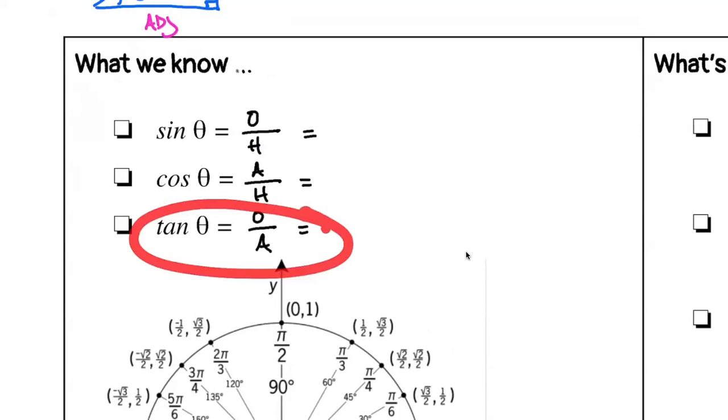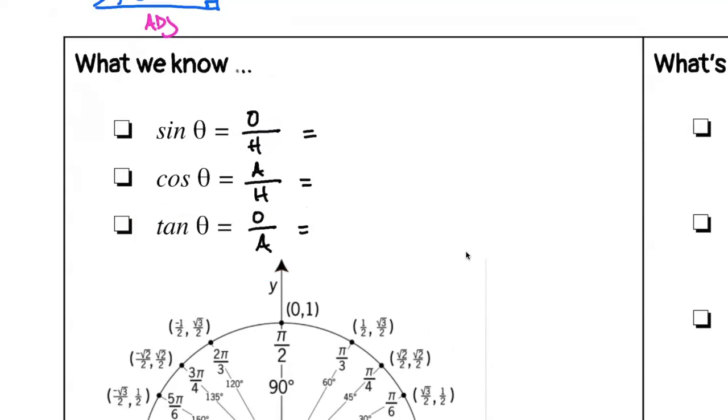Right, so what would we call tangent? Perfect, we would say y over x, right? And if we were to say cosine, that one would be the x value. And if we were to look at sine, that would be the y value, okay?